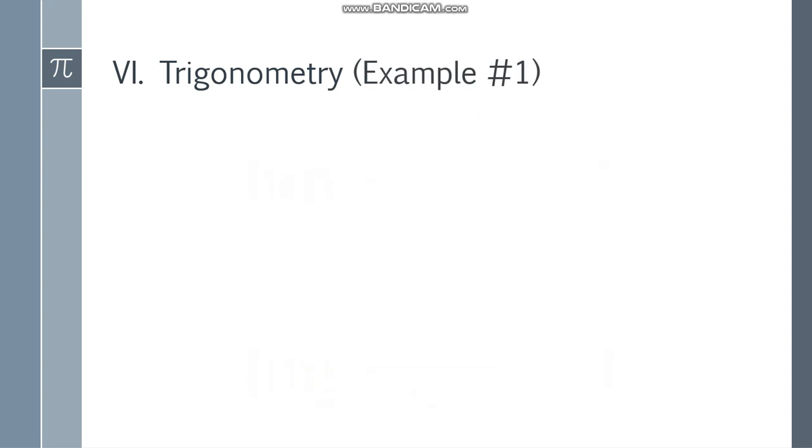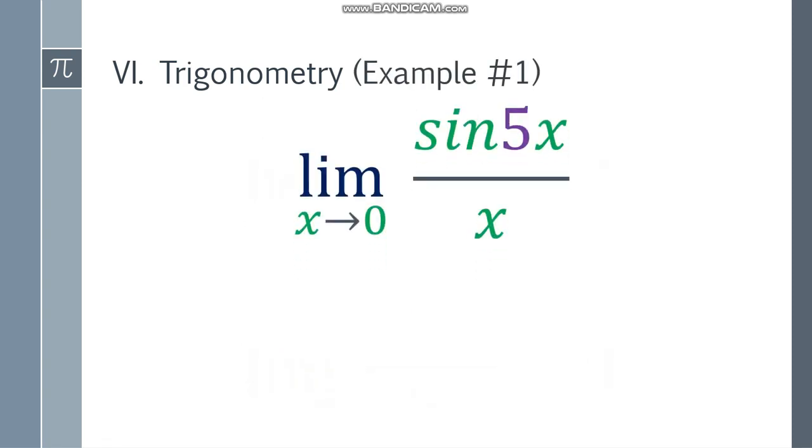So, let's have the first example. Paano pa ganito? The limit of sin 5x over x as x approaches 0. Okay, sir, paano yan? Alam natin, ang sin x over x, basta ang limit mo, x approaches 0, ay 1, di ba?